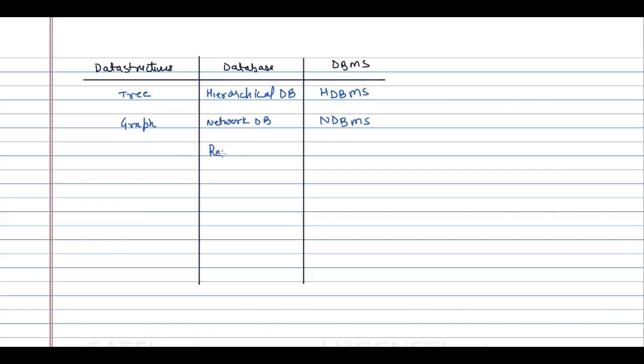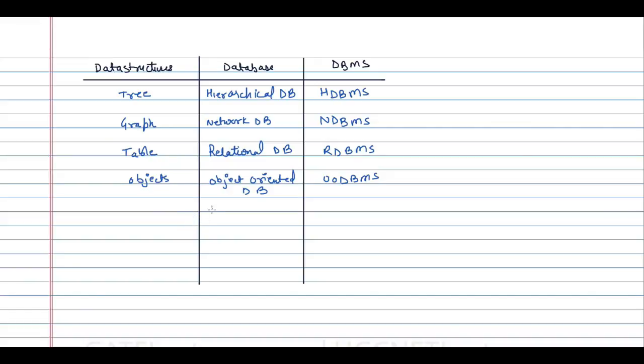Then we have a relational database. It's also called as RDBMS, and underlying data structure is tables. Then we have object-oriented databases, and these are called as OODBMS, and the underlying data structure are objects.